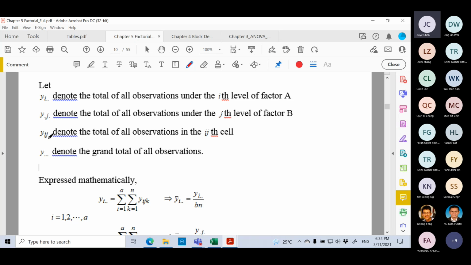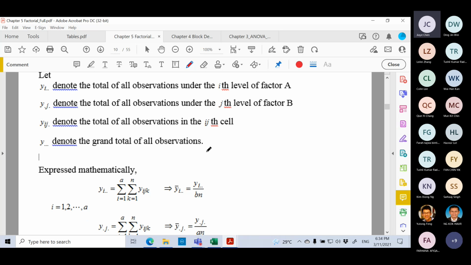The dot here means the total; we don't have the bar yet. If you put the bar here, it means the mean. But if I just put yi dot dot, it means the total under the i level of factor A. This one is the j level of factor B. This one, Ij, means the cell Ij. So y triple dot stands for the overall grand total of all the observations. I believe you have tried the tutorial, so you can also see it there.